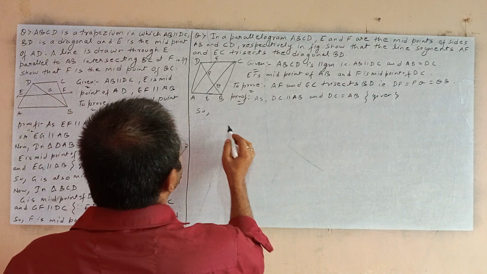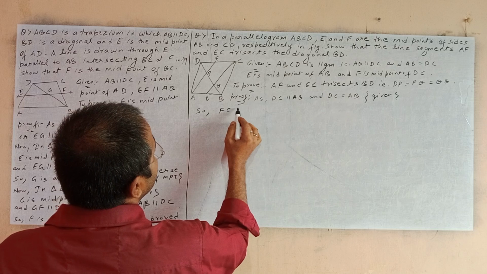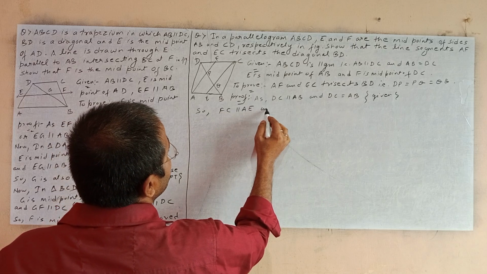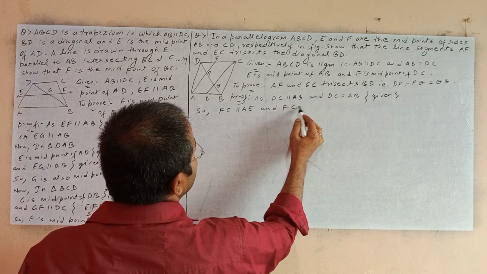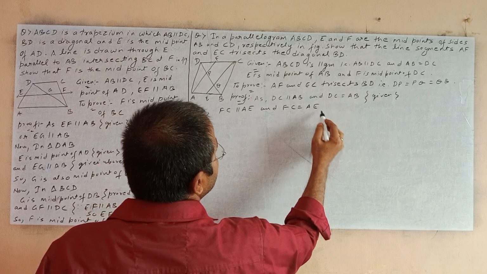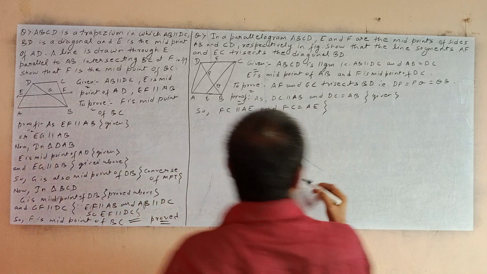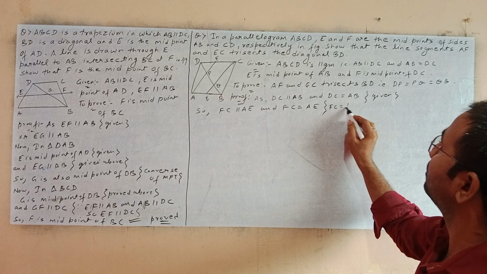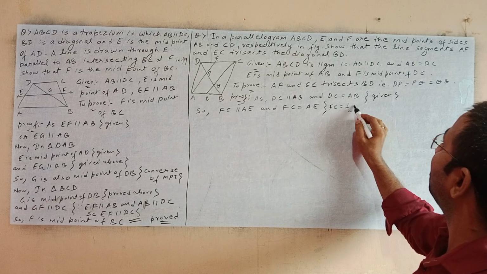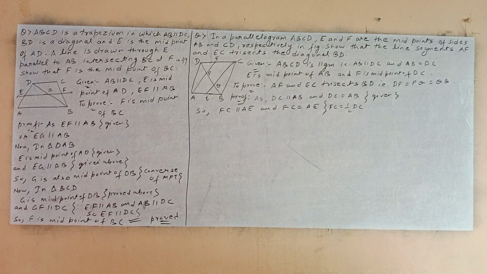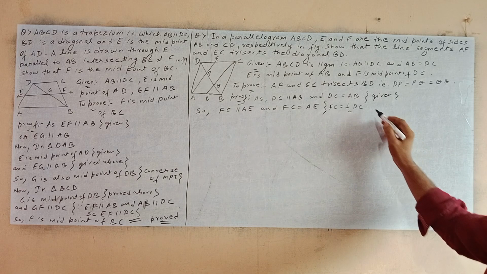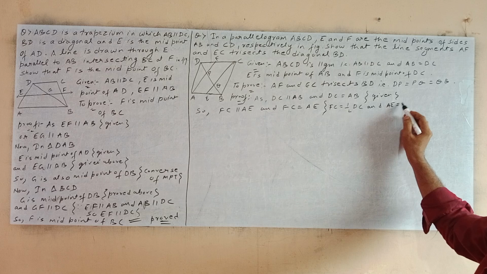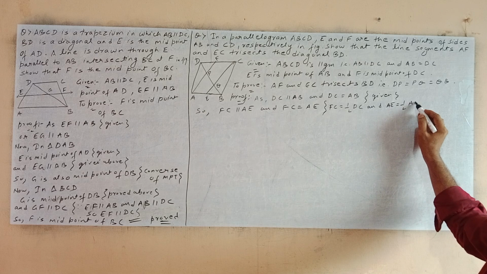So you can write FC is parallel to AE and FC is equal to AE, because FC is half of DC and AE is half of AB.